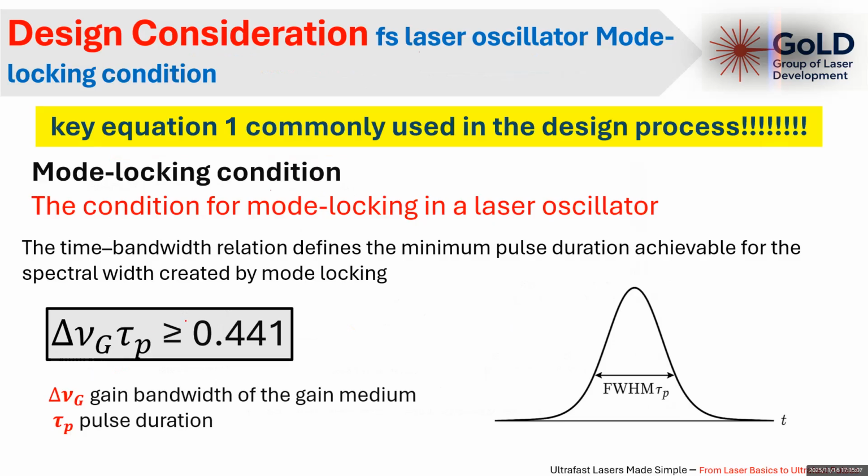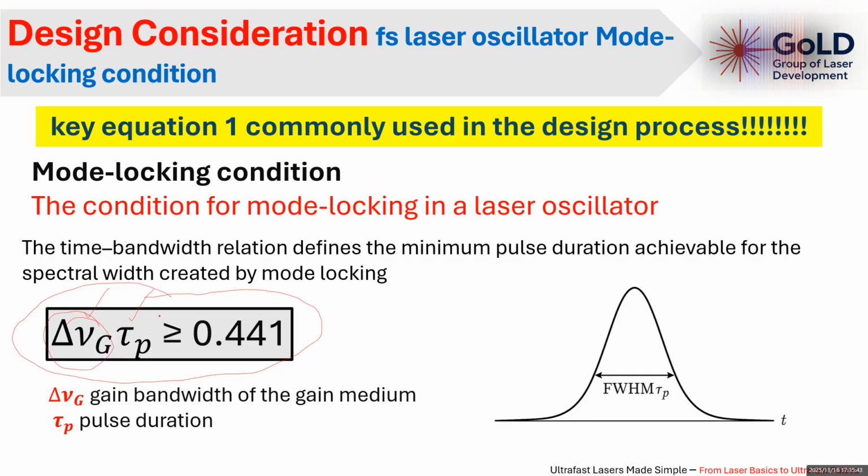Two things you can see in this equation, tau p and nu g. The first thing here shows the gain bandwidth.